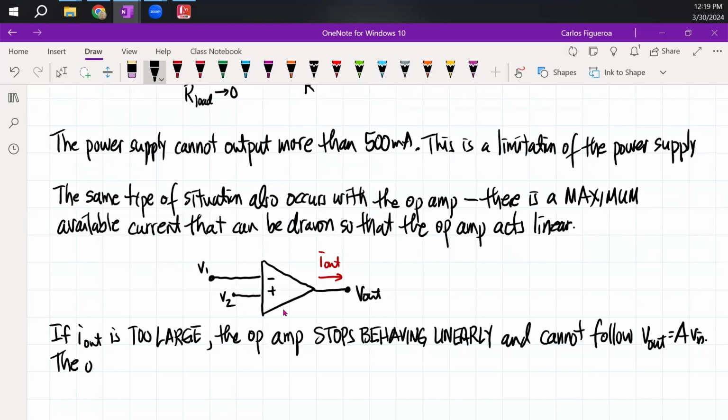The op amp is said to be current saturated.